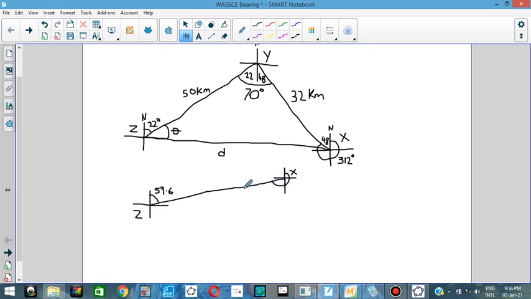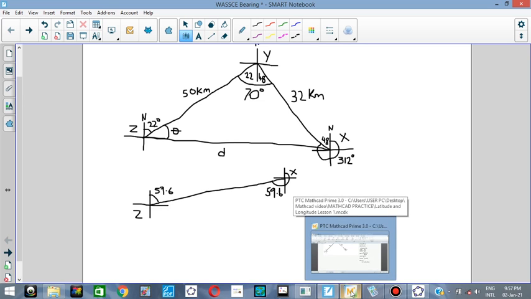And remember the secret I've already told you. This is the north line. This is also the north line. That means 59.6 is alternate to this angle. So this angle is 59.6. So all I just need to do is to add 59.6 plus 180. That will be the bearing from x to z, and that is the end of this calculation.